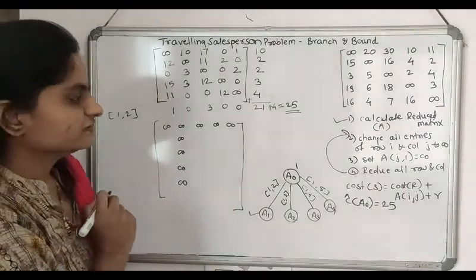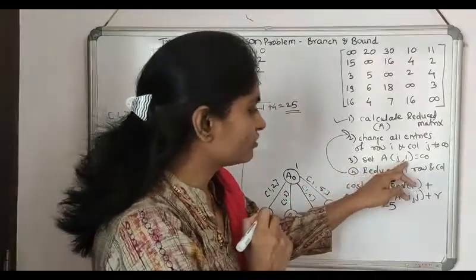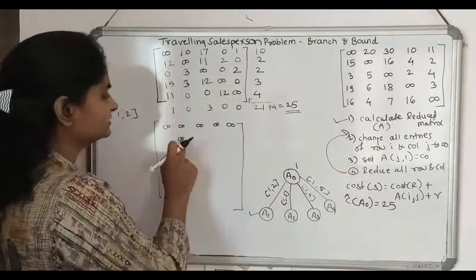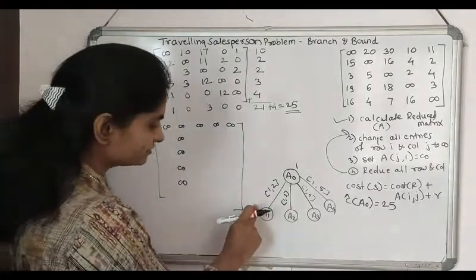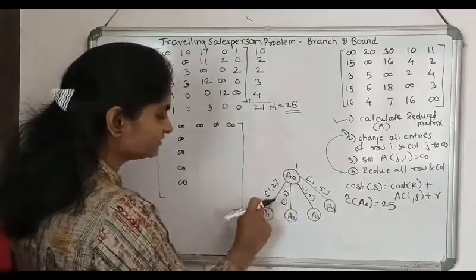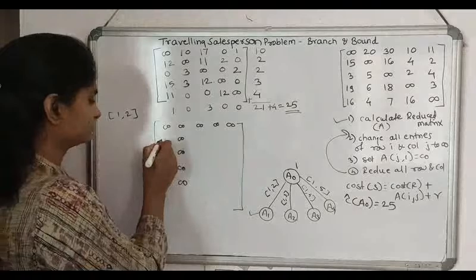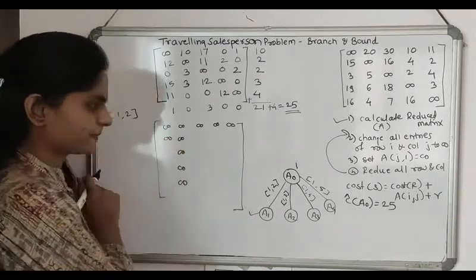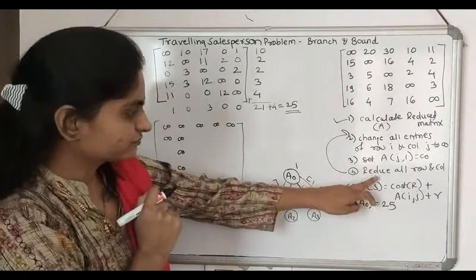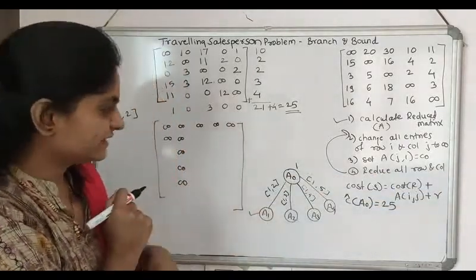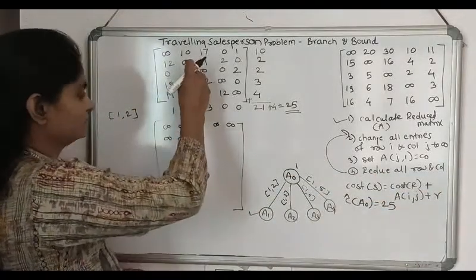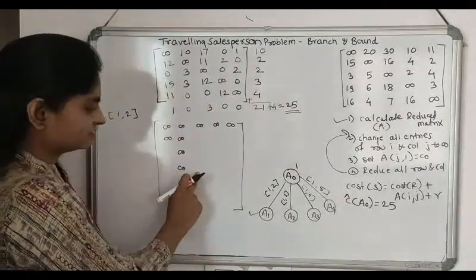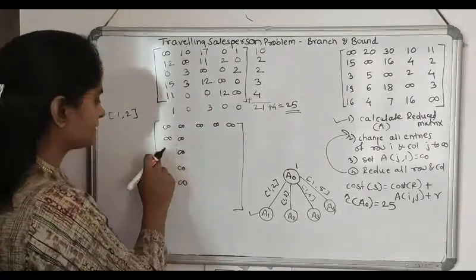Then set A of j comma 1 to infinity. That is, the value of j is 2. Here is vertex 2, so 2 to 1 is set to infinity to block the path. Then reduce all rows and columns again, putting the values from this matrix to this.